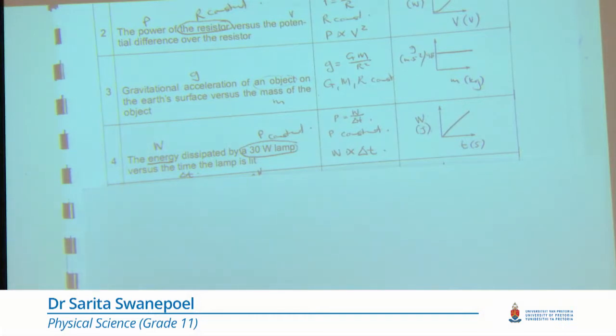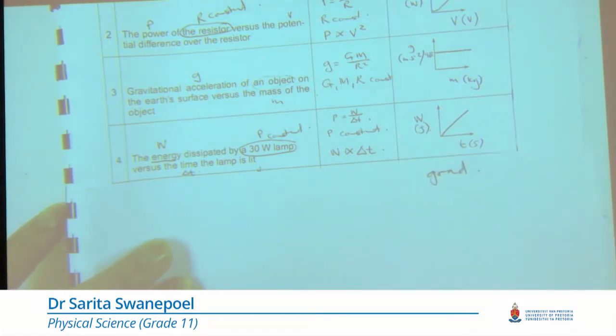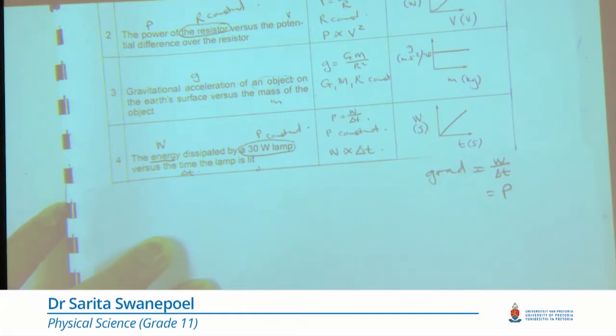Now I want you to tell me, what is the gradient of that one? The gradient of that one will be y-axis divided by x-axis, and fortunately, that is exactly our definition of P. So this time, that gradient is my power, and that will actually be 30. So I already know the gradient is 30.